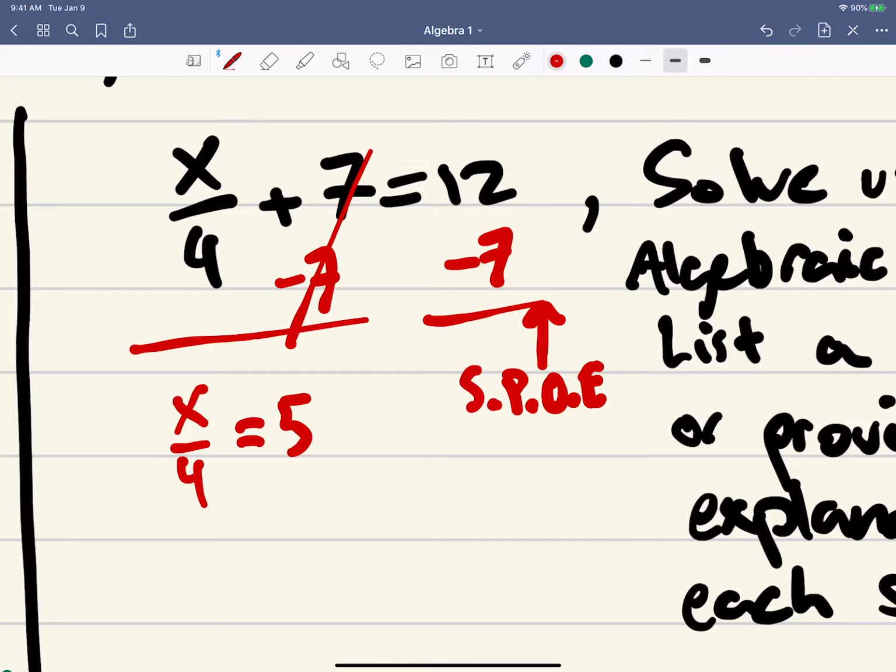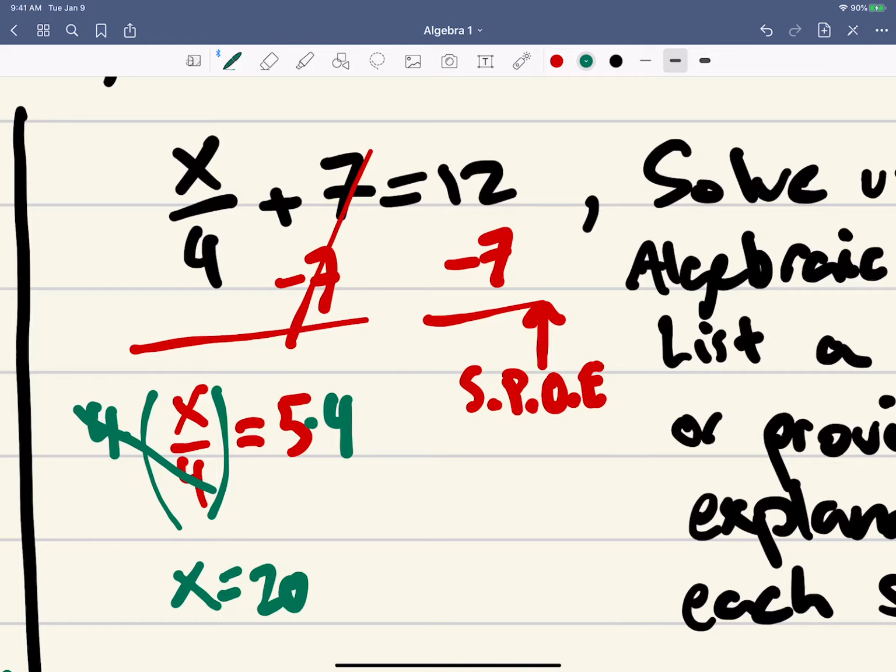The SPO. I'm not going to write the whole thing because I don't have space. The next step would be to multiply both sides by 4. That's going to cancel, and you're going to get x is equal to 20. This step right here is called the multiplication property of equality.